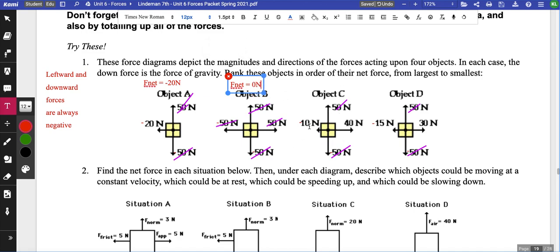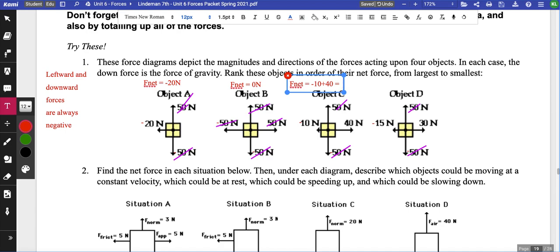For object C, I have this negative 10 and positive 40, okay? So my F net is going to be equal to negative 10 plus positive 40, okay?